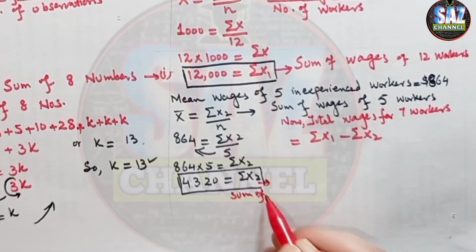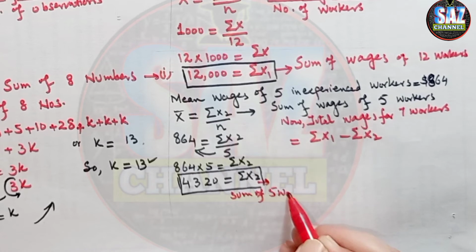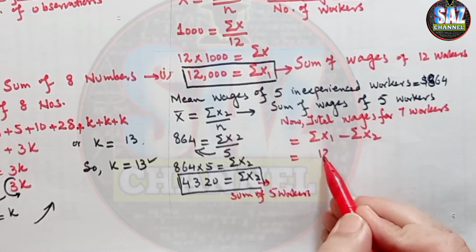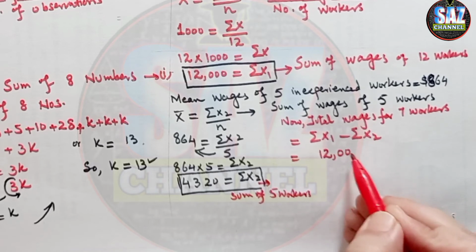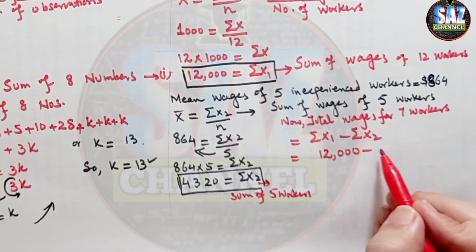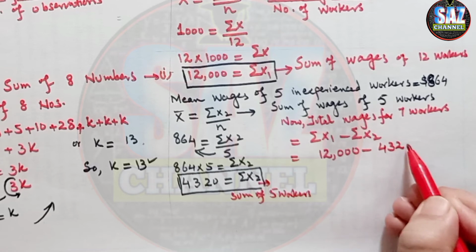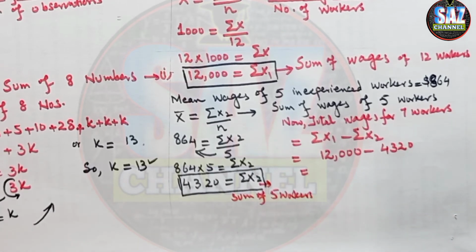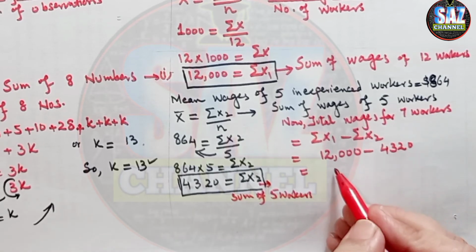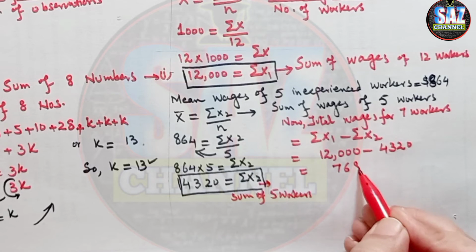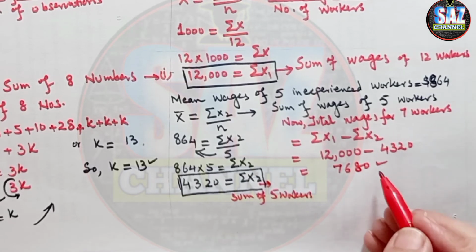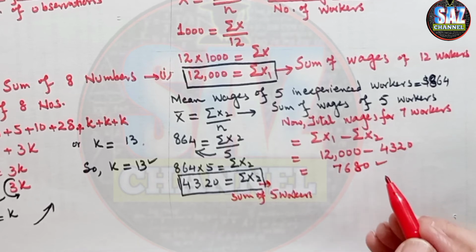Now I have to take away 4,320 from 12,000 in order to get the sum, and I'm getting 7680. This is the sum of wages of 7 experienced workers.